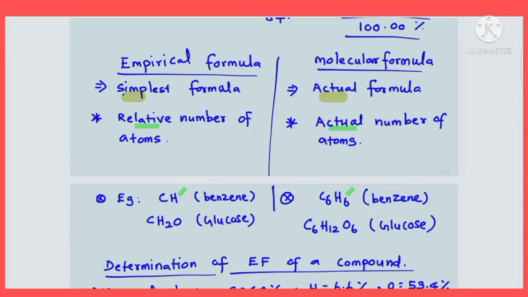One more example, glucose. The glucose empirical formula is CH2O, which means that in glucose the carbon, hydrogen, oxygen ratio is about 1:2:1.